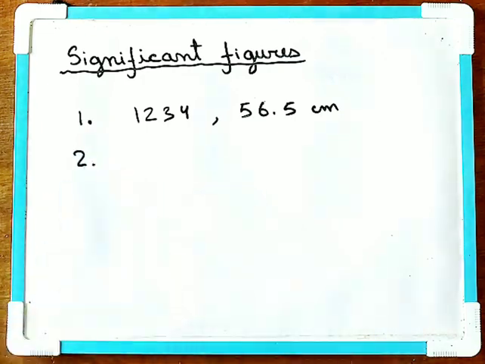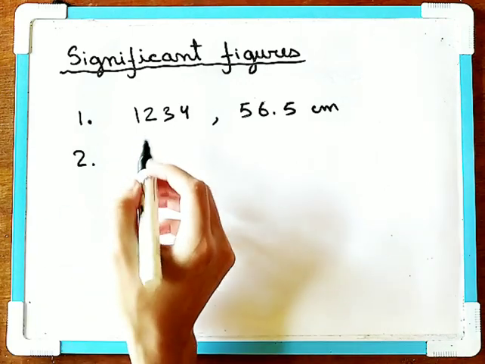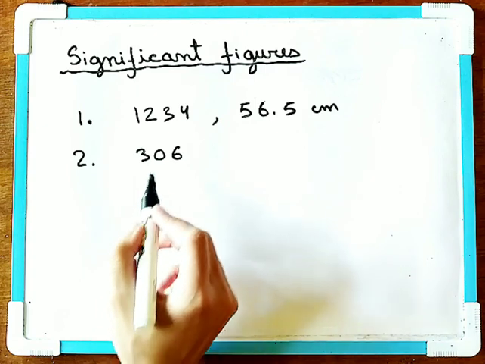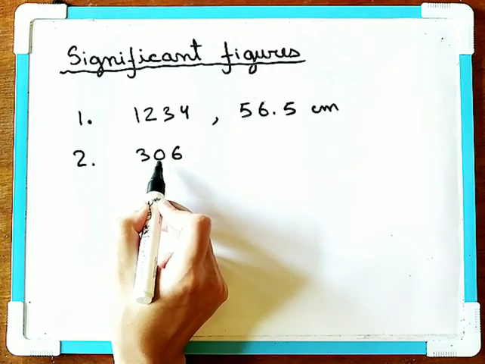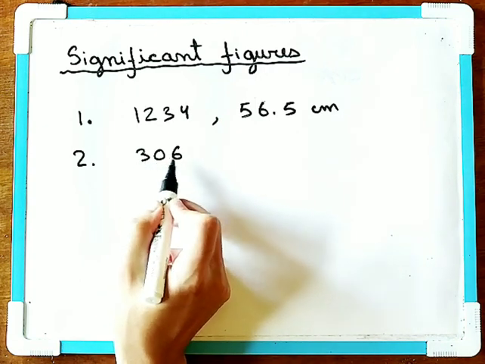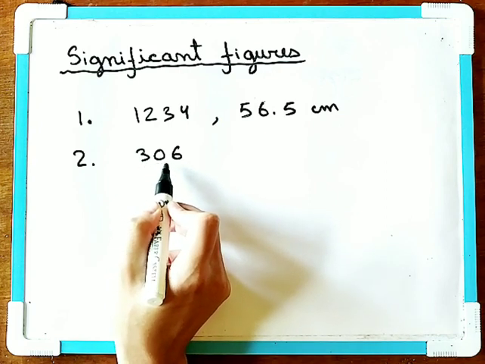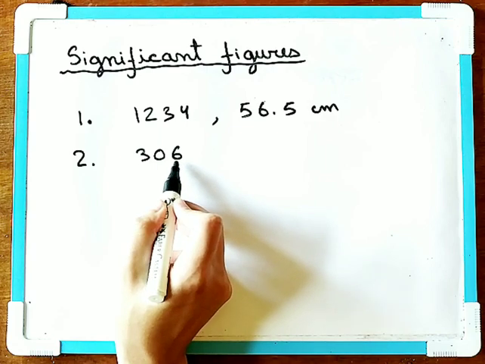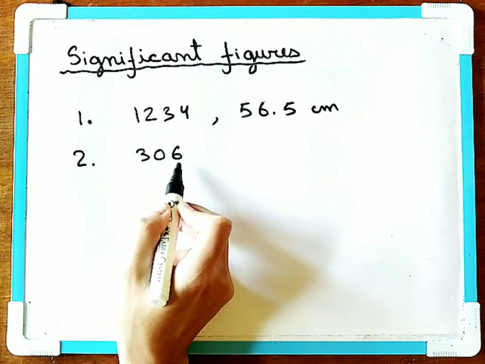Then the second rule is that all the zeros between 2 non-zero digits are significant, no matter where the decimal point is, if at all there is a decimal point. For example, this number 306. This 0 here, which is in between the non-zero digits, is significant. So here we have 3 significant figures.